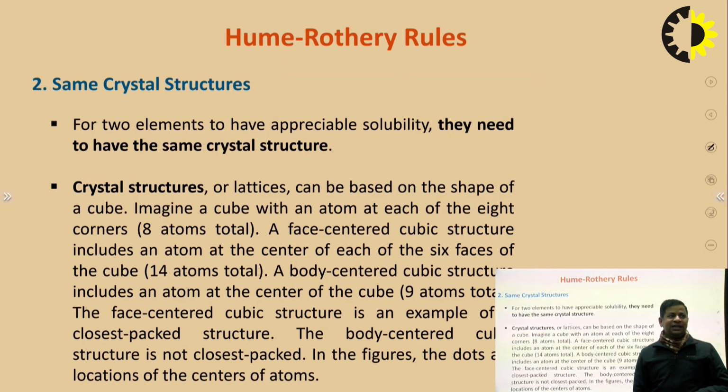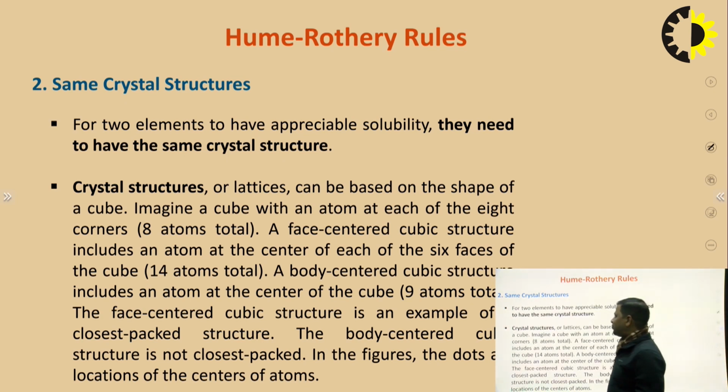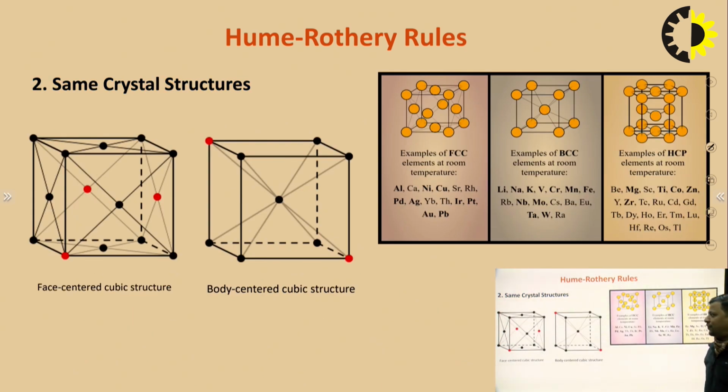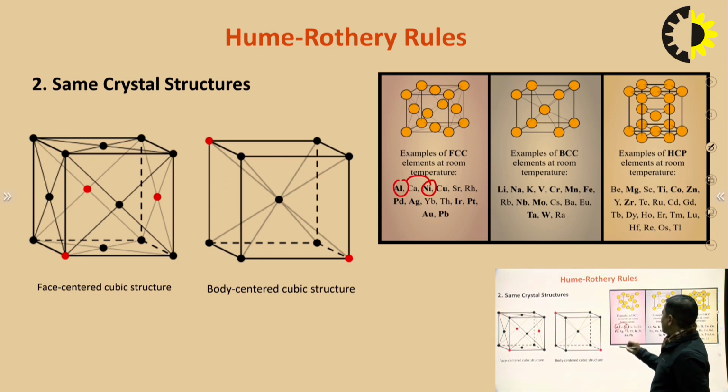And the second criterion, as we said, is the same crystal structure. If the crystal structure is the same, then mixing should be very, very easy. Like here, if I'm going to mix aluminium with nickel, suppose, or any other element with any of this family, then it is very, very easy because they are from the same family and have the same crystal structure, that is known as FCC.